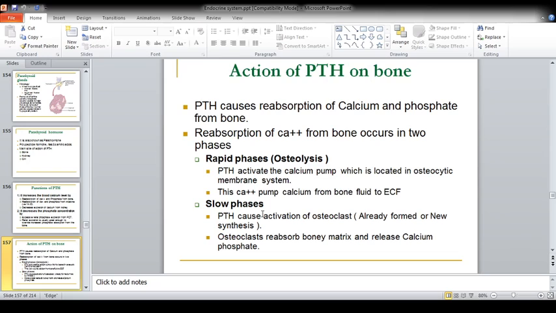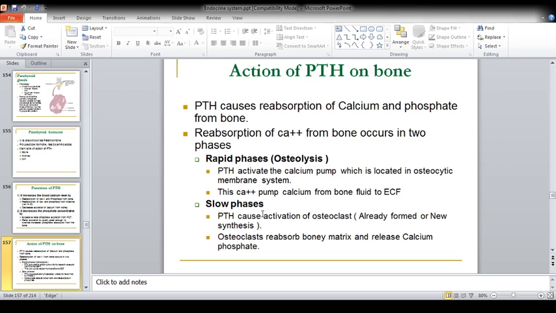Osteoblasts cause maturation of the bone or formation of new bone. Osteocytes are the mature bone cells, and osteoclasts are those cells which break down the bone. So these osteoclasts, activated by the parathyroid hormone, would reabsorb the bony matrix and release the calcium phosphate from the bone into the blood.